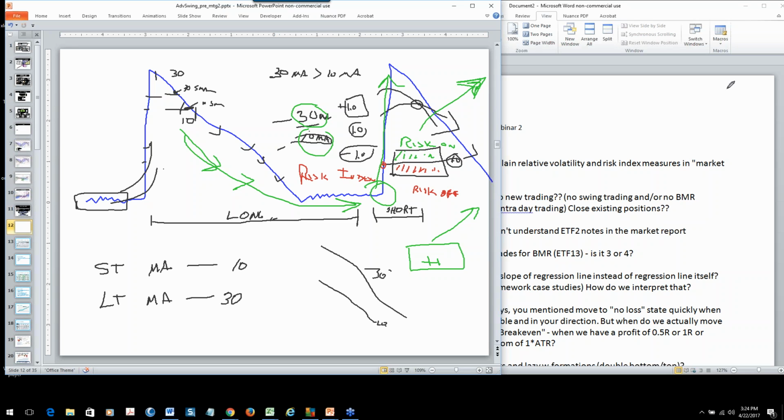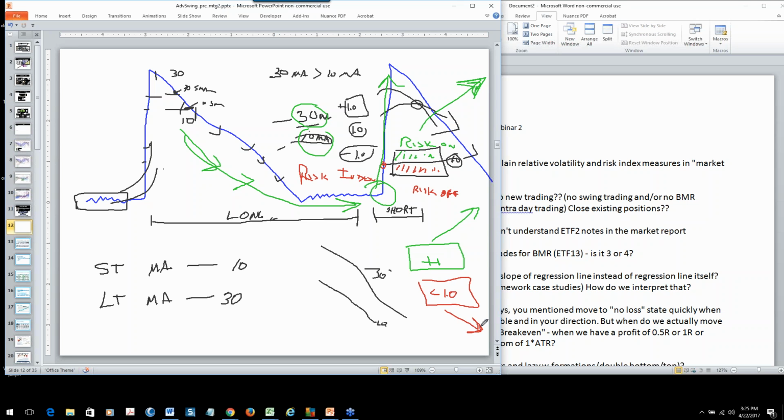And when it gets below 1.0, in the risk off area, then I'm expecting the market to have poorer returns, and so I am less inclined to take swing positions.